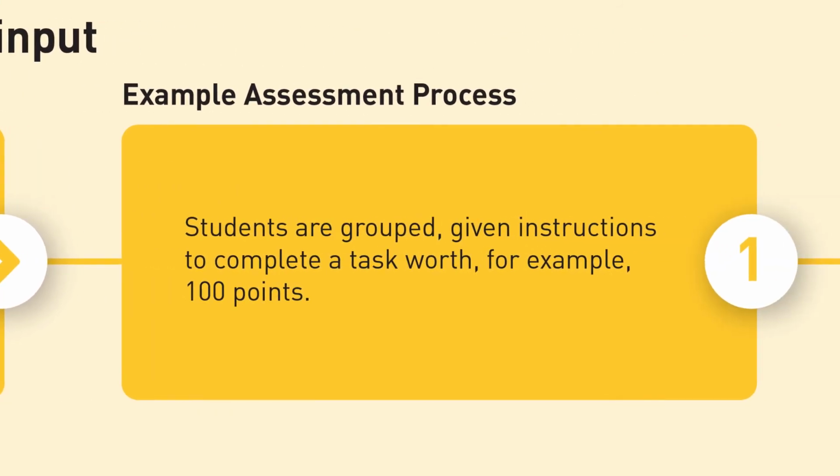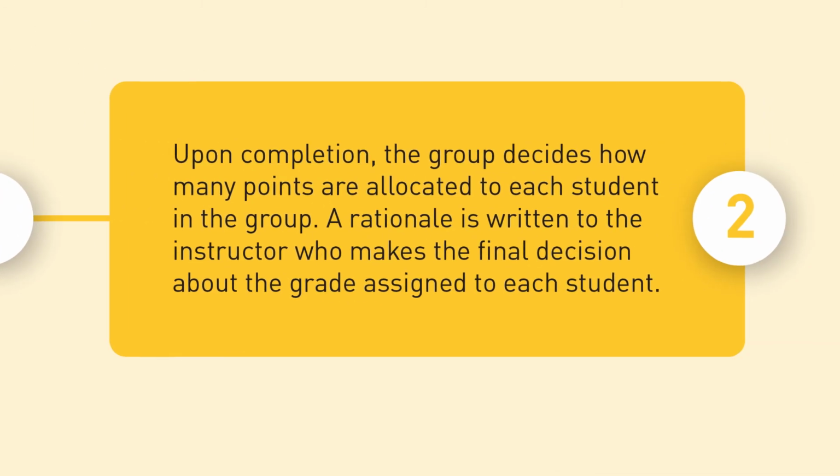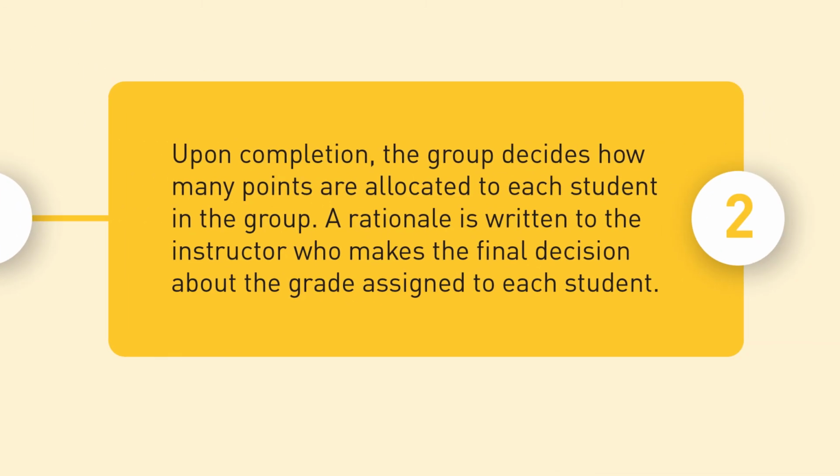Example assessment process. 1. Students are grouped and given instructions to complete a task, worth, for example, 100 points. 2. Upon completion, the group decides how many points are allocated to each student in the group. A rationale is written to the instructor, who makes the final decision about the grade assigned to each student.